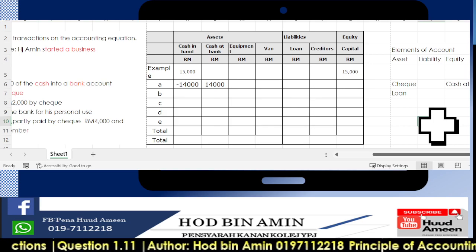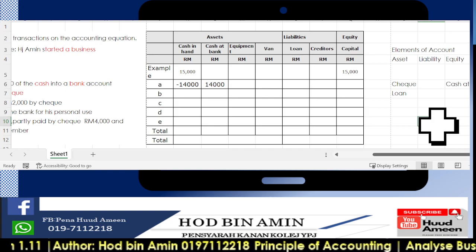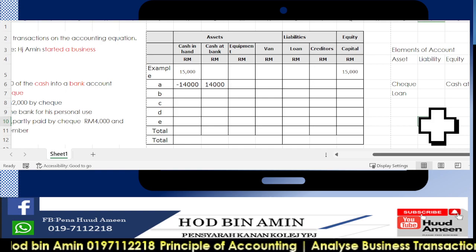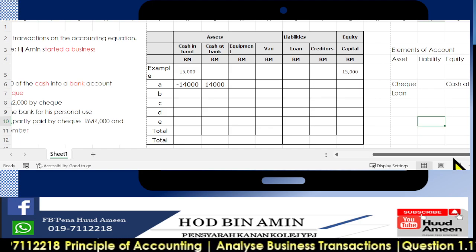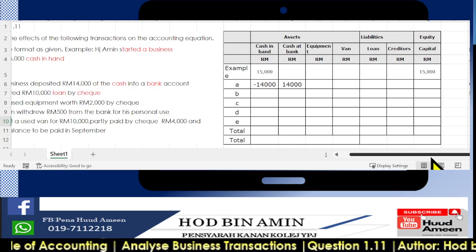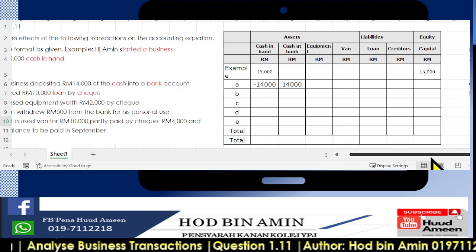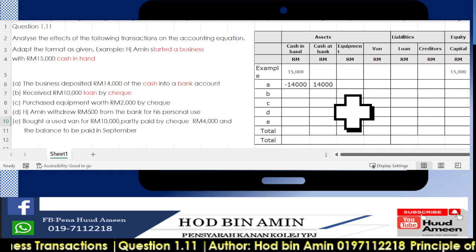Loan. So you have to identify whether it is an increase or decrease. When it increases it is positive, decrease is negative. So cash at bank: our money from making a loan, for example, you make a personal loan, you get cash at bank of 10,000 positive.